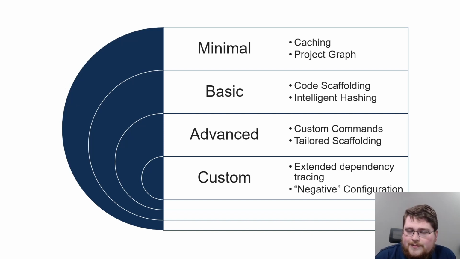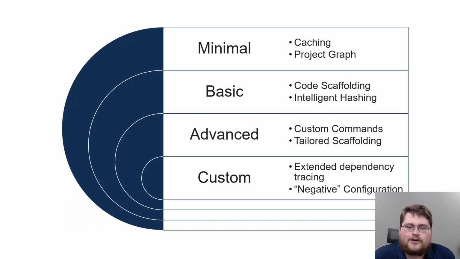Those both help us immensely with productivity and confidence. And then as soon as we added in a few more things to get access to NX's generators, we also helped with just overall confidence in the code that the developers are writing and how quickly they can get it put out. Intelligent hashing with the basic setup also brings in some things that speed up our test operations in CI and locally, since we're not rerunning them quite as often as we may otherwise.